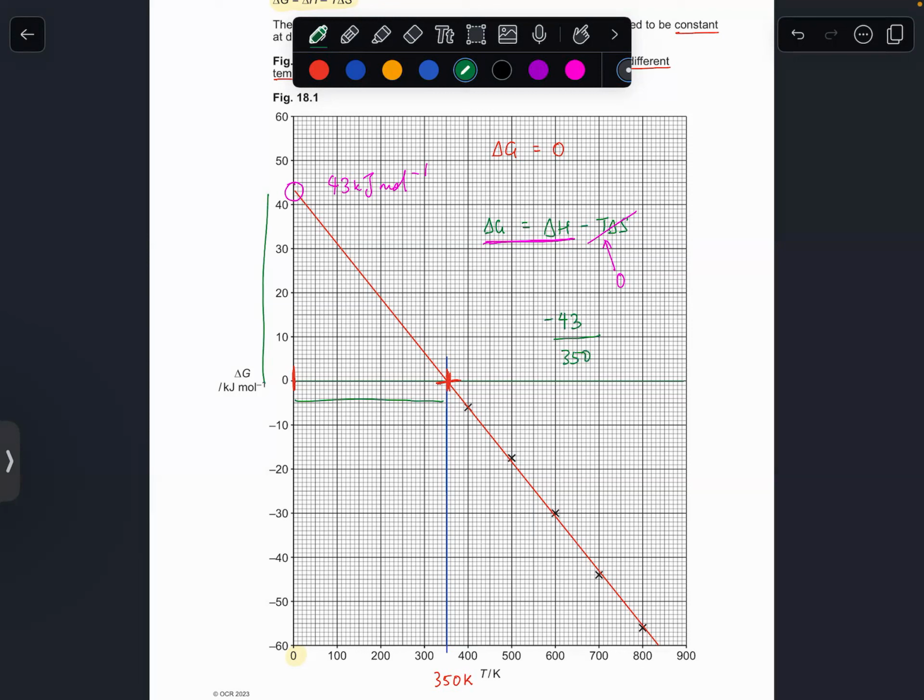That's going to be a minus 43 divided by 350, which gives us 0.122857 kilojoules per mole, and that's a negative value.